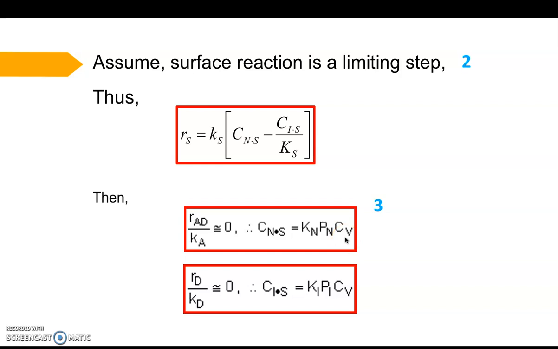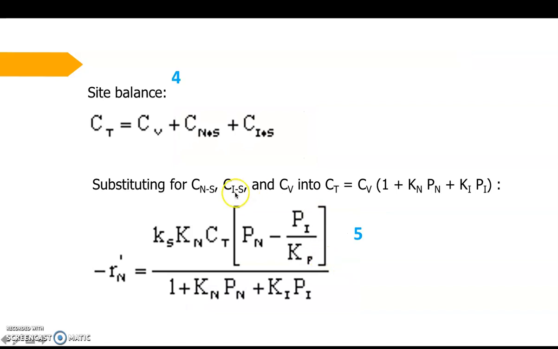So we need to change it into more meaningful terms. That's why we have this site balance. CT is the concentration of active sites. This is what we know from the data given to us when we purchase a catalyst. It equals CV plus Cn dot S plus Ci dot S, which I described earlier in the previous part.